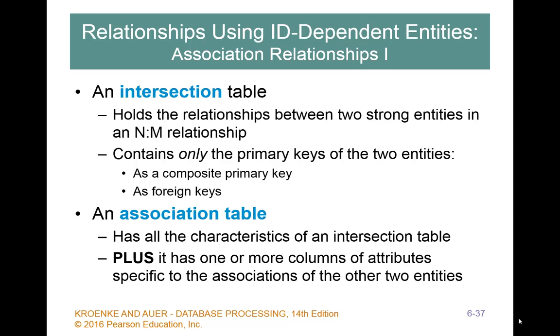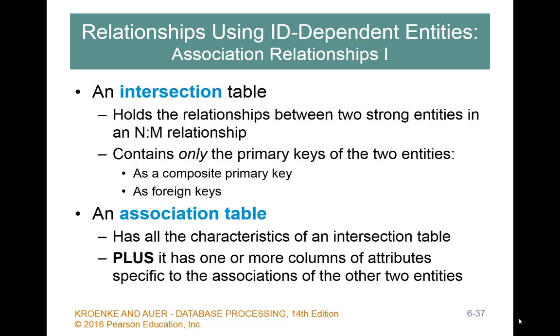So the first example we've already talked about: an intersection table that holds the relationships between two strong entities from a many-to-many relationship. Again, only primary keys that form a composite primary key that are also foreign keys that map back to their original table.